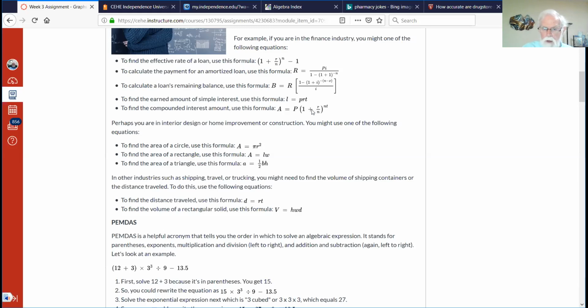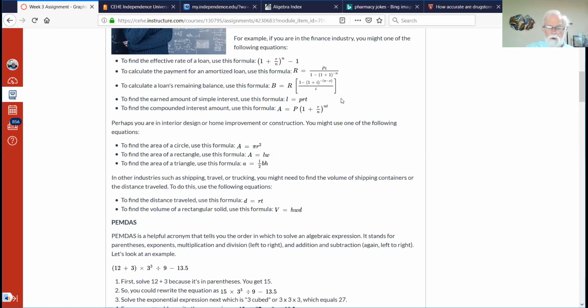So if you have a 6% loan that compounds monthly, you have 0.06 divided by 12. If it's compounded continuously, it's a little more difficult. That's actually a calculus problem, which Excel solves very well, but we won't go into that.